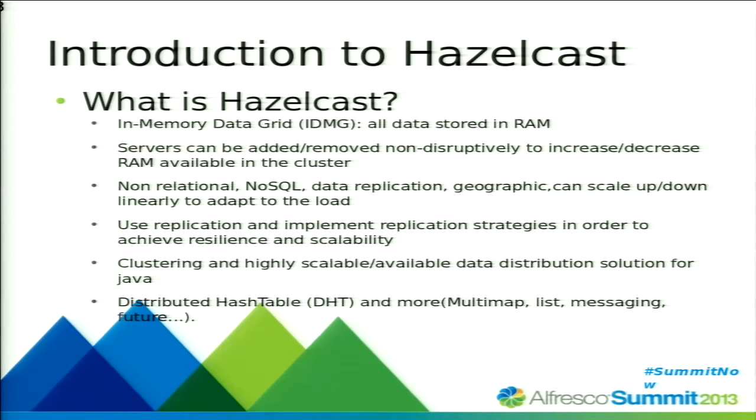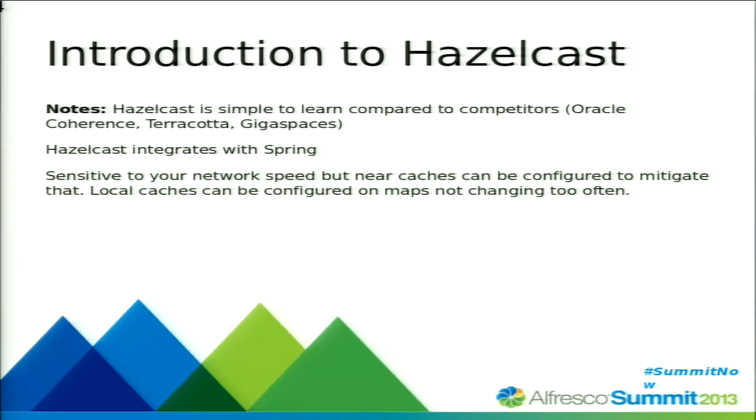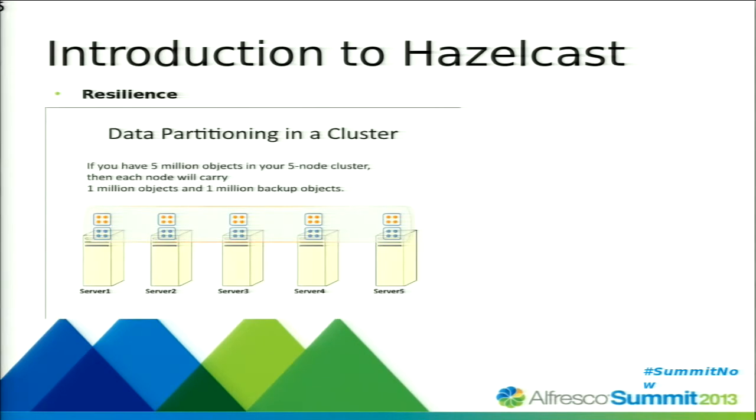So you can post a task, do something else, and get back the results. And what makes me think that we could do more with that system is that it's easy to use, and also it integrates with Spring.